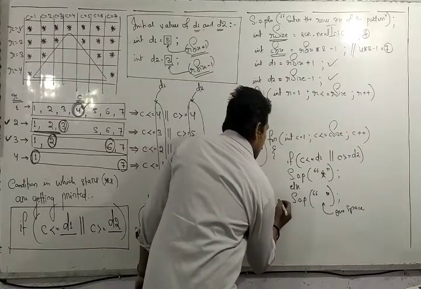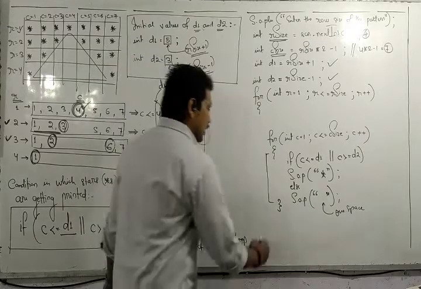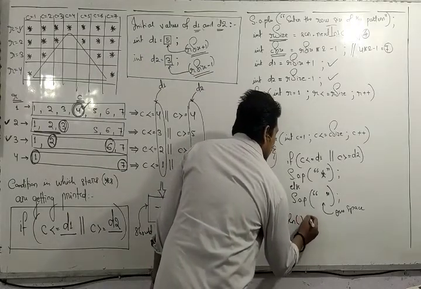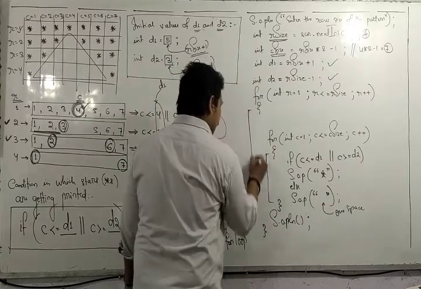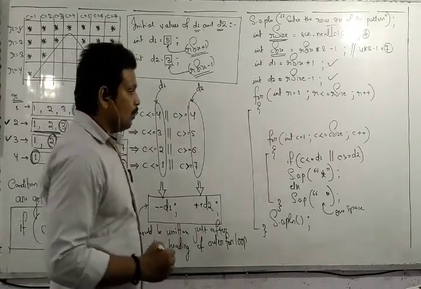Clear? Now, let me close the body of inner for loop, and just after the inner for loop, I will write system.out.println, and here I will close the block of outer for loop.